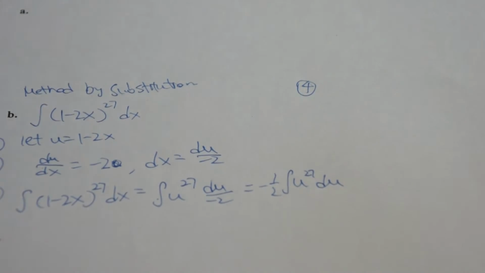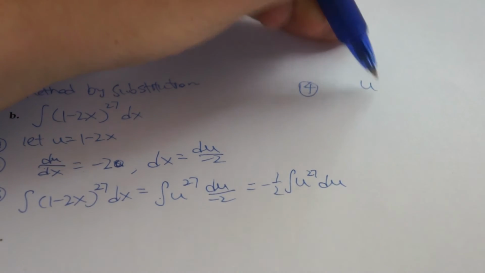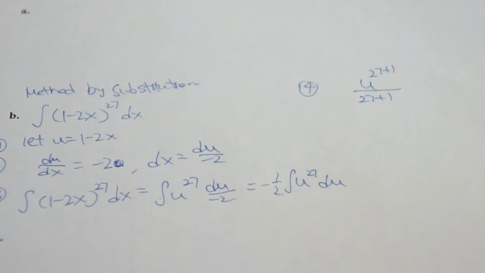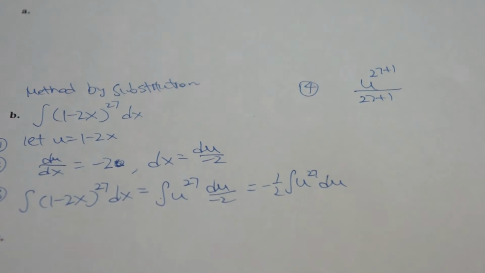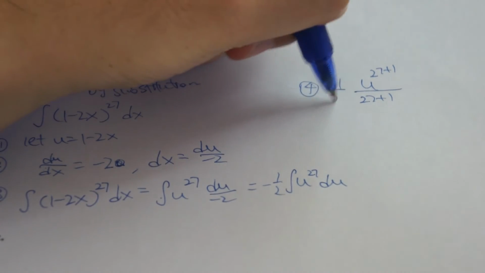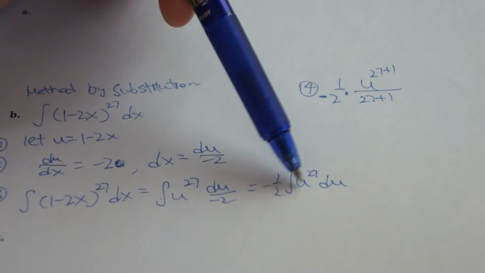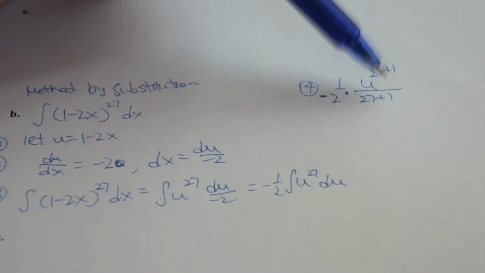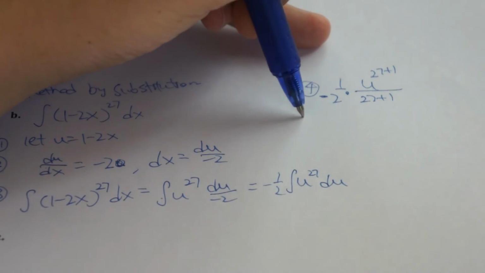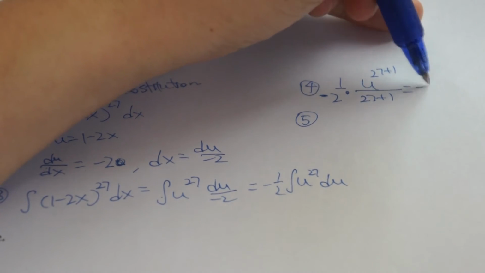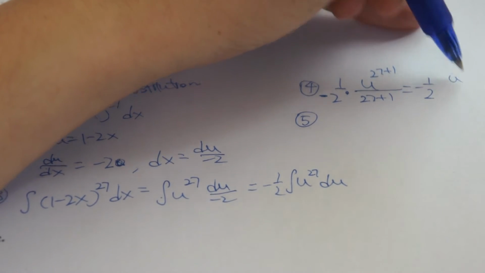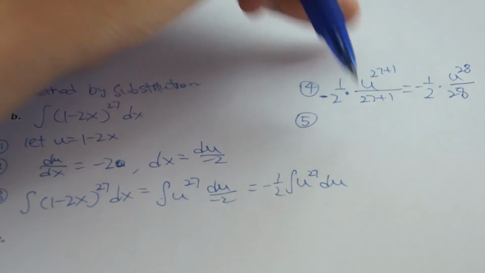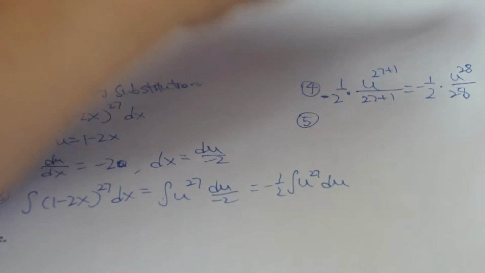Step number 4 is that we have to use the integral rules that I have said already in the lecture time. So the integral of u to the power of 27 means 27 plus 1 divided by 27 plus 1, and the final answer is minus 1 over 2 times u to the power of 28, and here is 28.